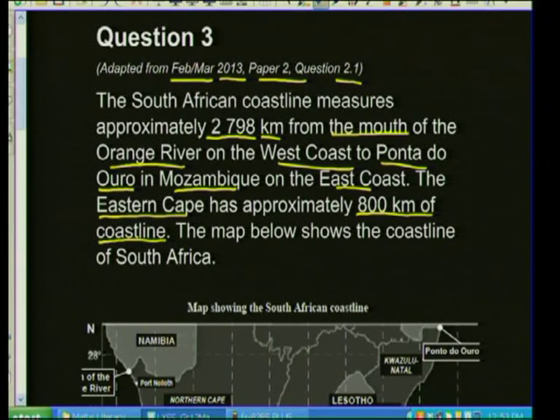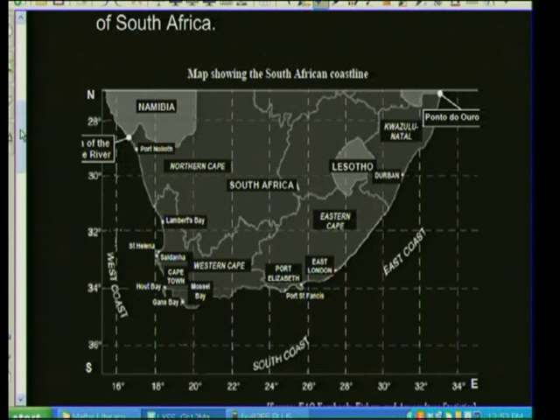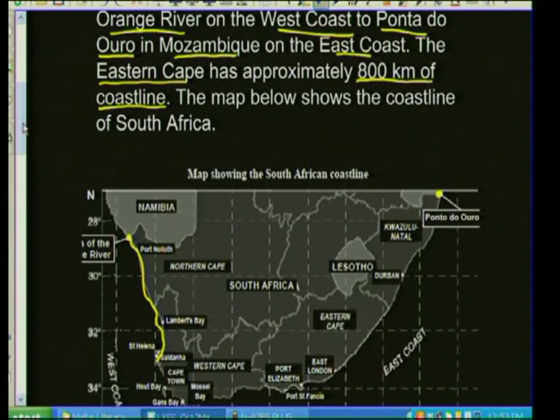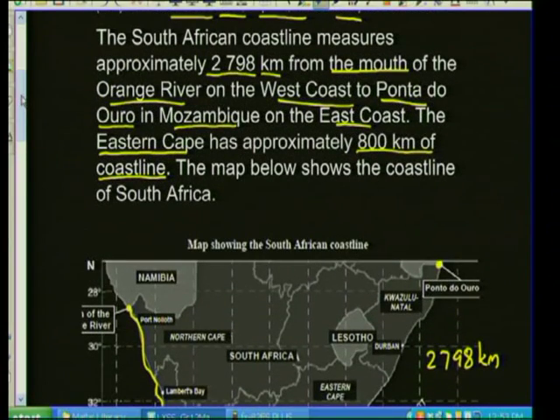The map below shows the coastline of South Africa. So we're looking at the coastline from that river all the way along the coast, and I could draw this line, I'm not very good at it, to that point. And they tell us that that is 2,798 kilometers.